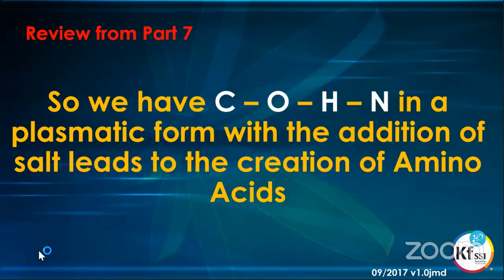So just to go into a bit more on the concept of the amino acids and what we explained in part 7, is that we have our carbons, oxygens, hydrogen, and nitrogen in a plasmatic form, with the addition of salt leading to the creation of the amino acids. So as that is happening in the atmosphere, this is also happening within the boxes that you are making, whether you're making CO2 or copper or CH3 Gans or zinc Gans, you are also creating the condition for the amino acids to form.